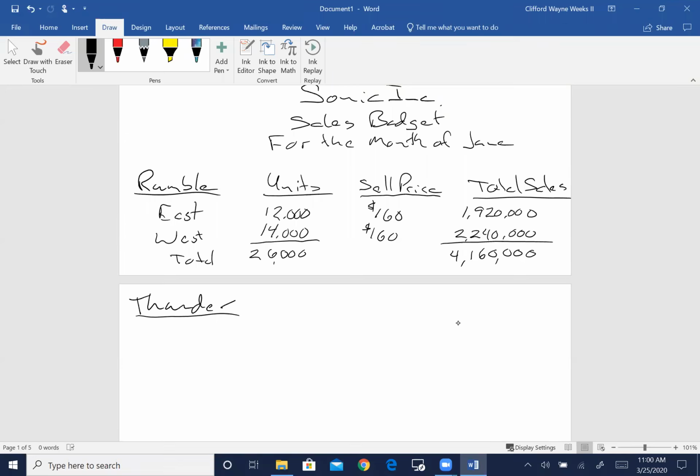So we're going to do the same thing then for Thunder. They expect in the East to sell 3,500. In the West, they expect to sell 4,000. And we're going to sell those for $200 each.